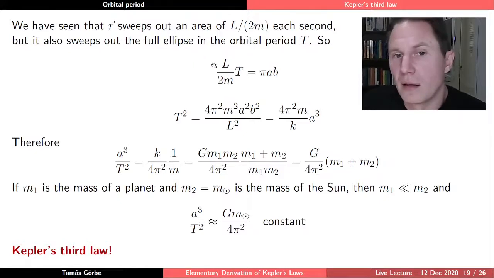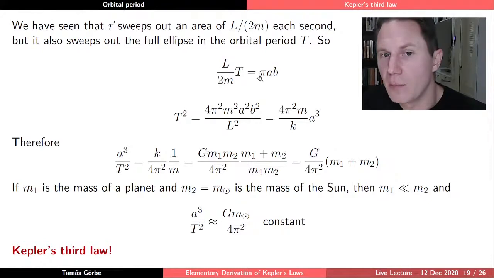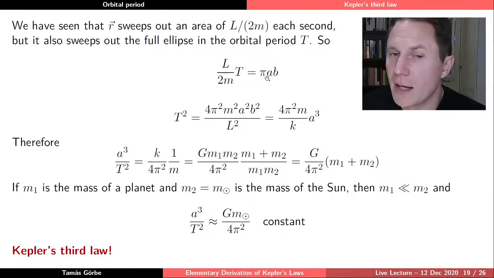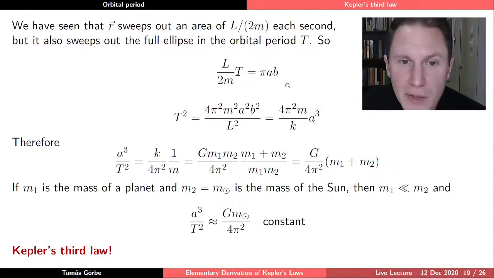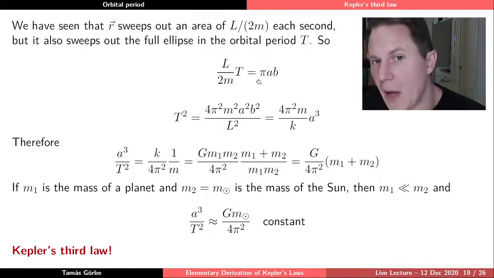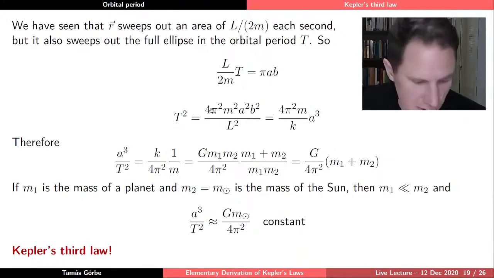So it means that the area that is swept out on the one hand is L over 2m times the orbital period T, but in the same time it sweeps out the area of the full ellipse, which can be written as pi times the product of the semi-major and semi-minor axes. So pi times AB. So from this you can express T as 2m times pi times A times B divided by L, and take the square of T in that expression.